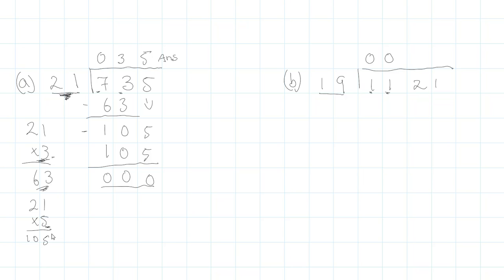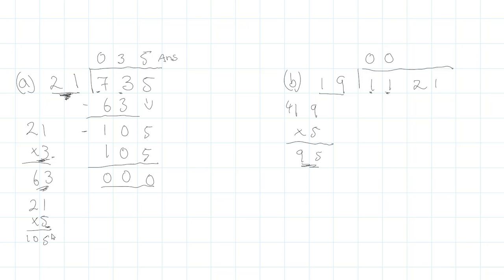And then we have to estimate. So my estimate, I'm going to round 19 to 20, and I know that there are 5 20s in 100. 6 20s will be 120, so I think that 6 times would be too big. So using that information, I'm going to multiply 19 by 5 and see what number I get. So 5 9s are 45, put down your 5 and carry your 4. 5 1s are 5 plus 4 is 9.